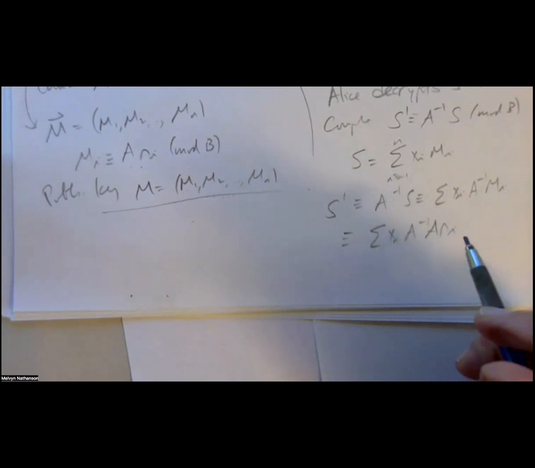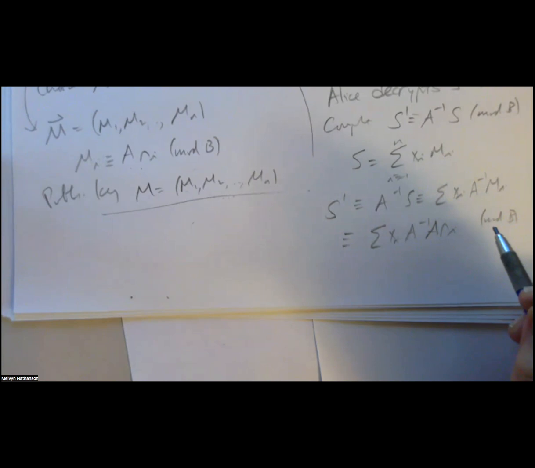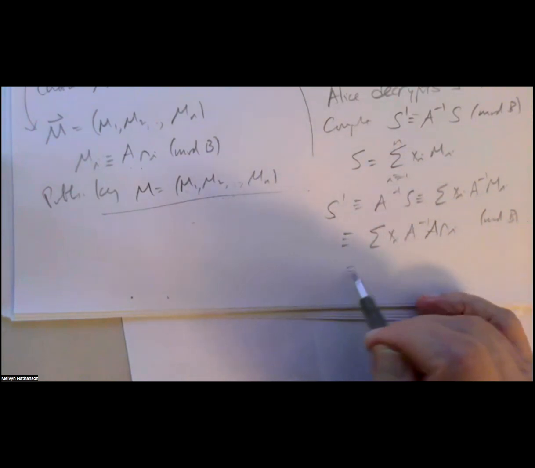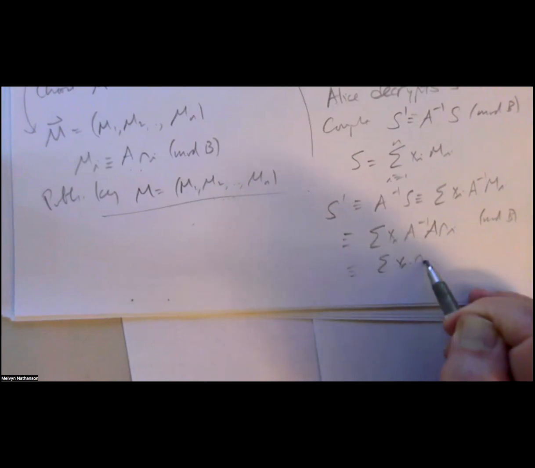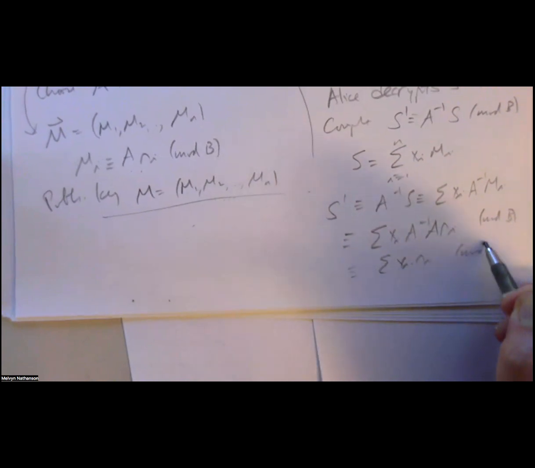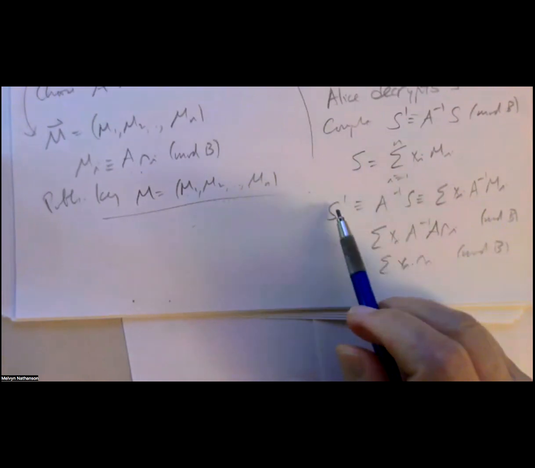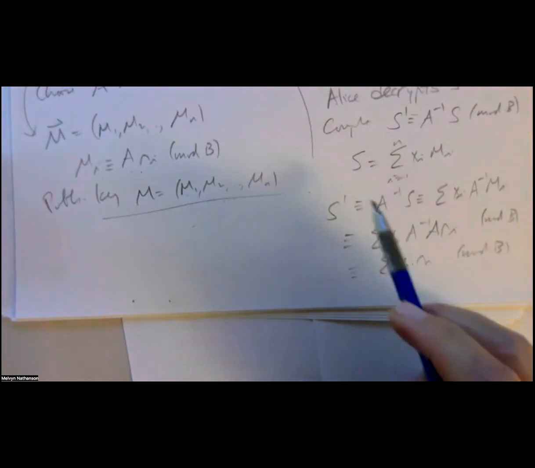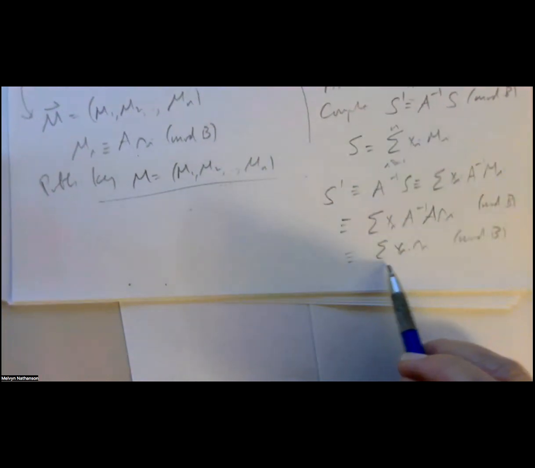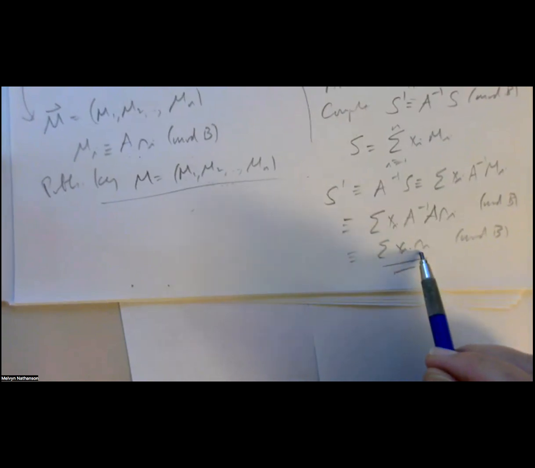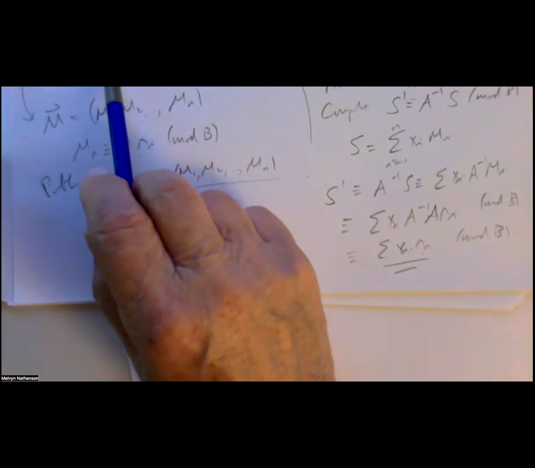A times A inverse is 1 mod B. So this is the summation of Xi Ri mod B. So Alice gets S prime as a subset sum of the Ri's. Ri is super increasing.